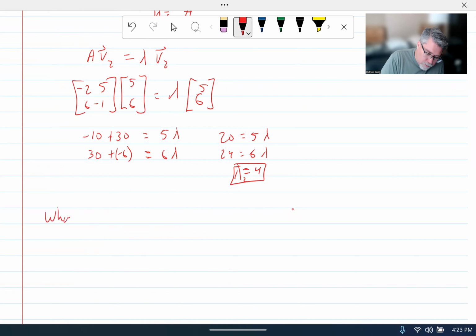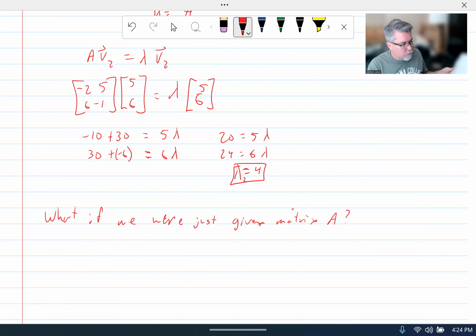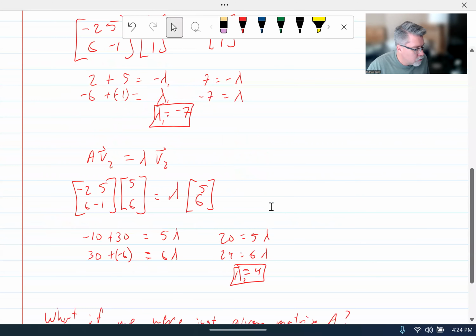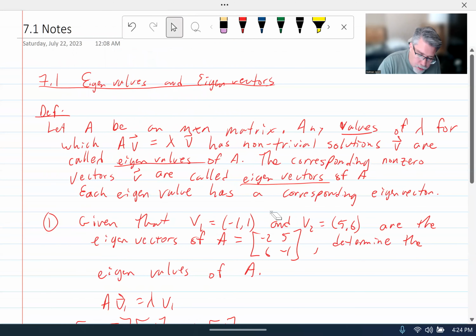So what if we were just given matrix A? Oh, and this is n by n, I'm sorry. Go ahead and fix it. And then it has to be a square matrix.